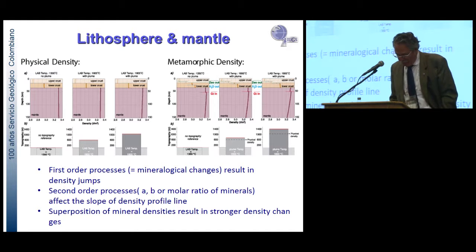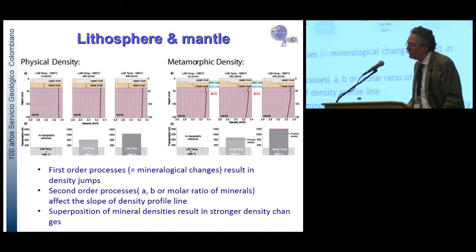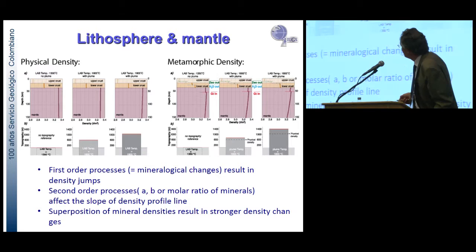We were trying first to use this for plateau generation, and you can see this is a model calculated with physical densities. We have upper crust, lower crust, and we have the mantle, and as a result of the temperature at the asthenosphere-lithosphere boundary, you have an upward force, an uplift force.